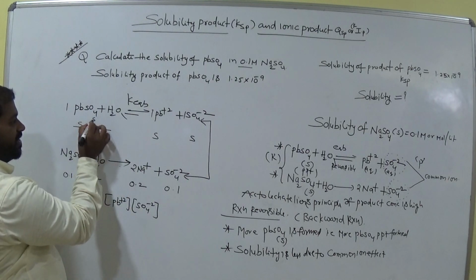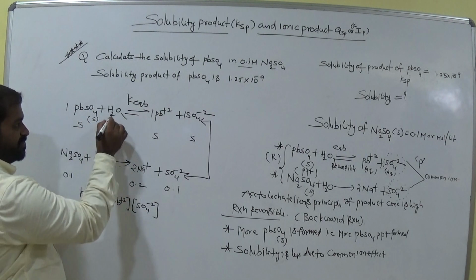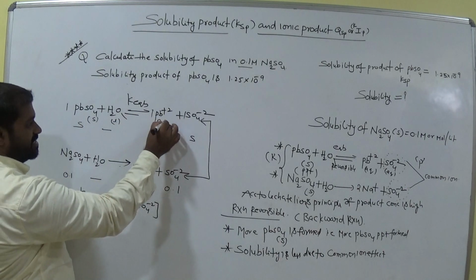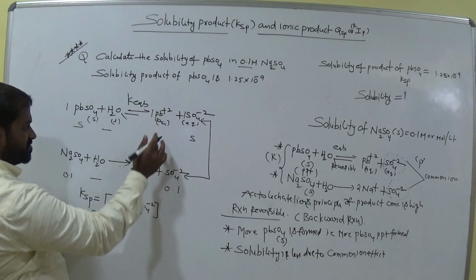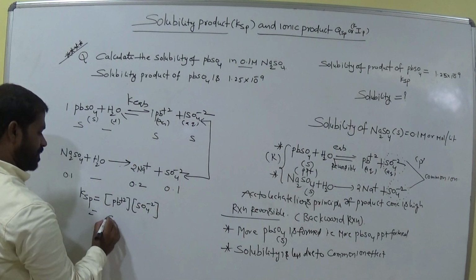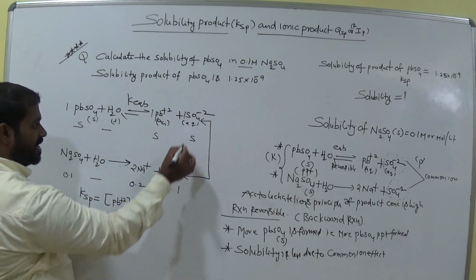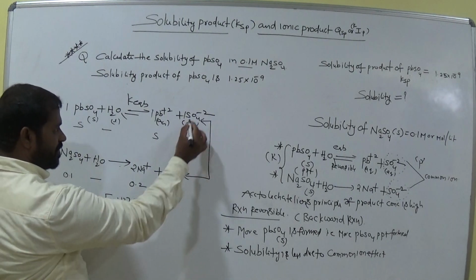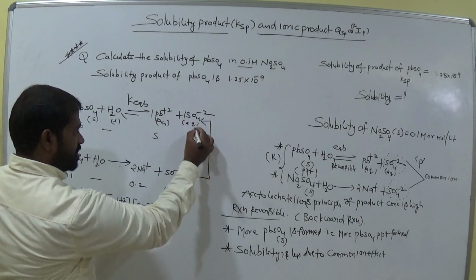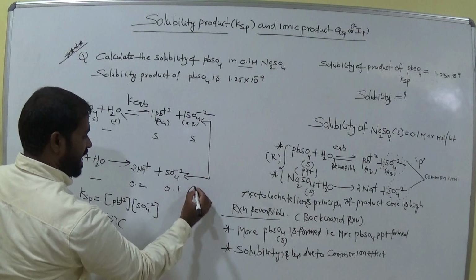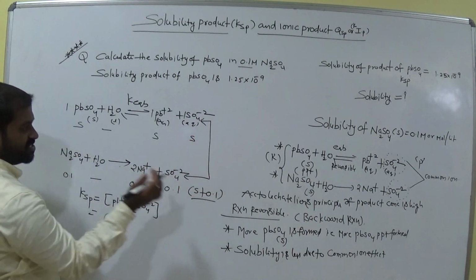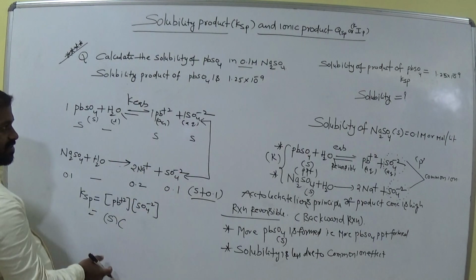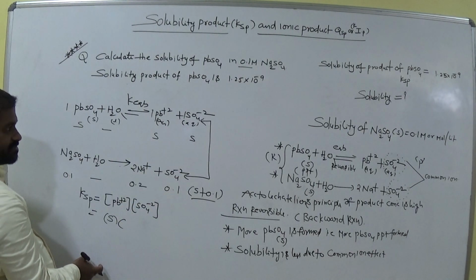It is solid, so for it 1, no need to write. It is pure liquid, no need to write. It is aqueous, am I right? Clear. Now what is the Pb2+ value? S, am I right? What is the SO4 2- value? Total SO4 2- means S plus this one, 0.1, am I right? S plus 0.1. Okay, clear?